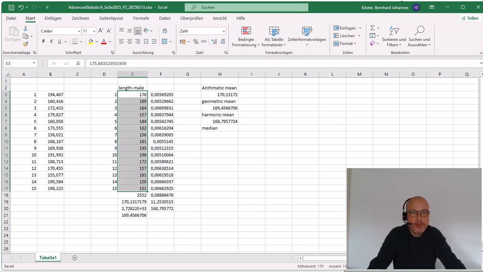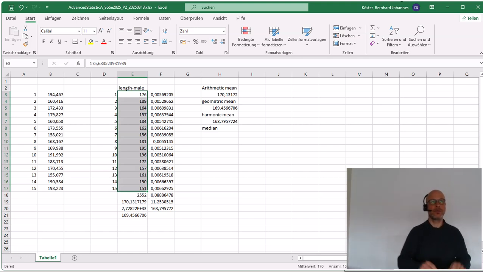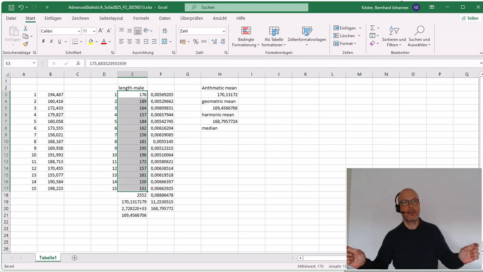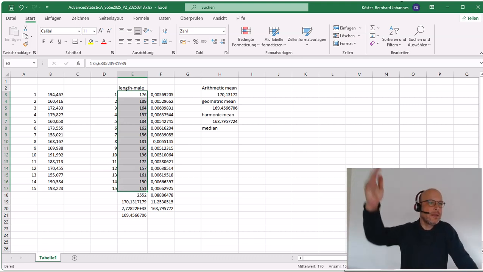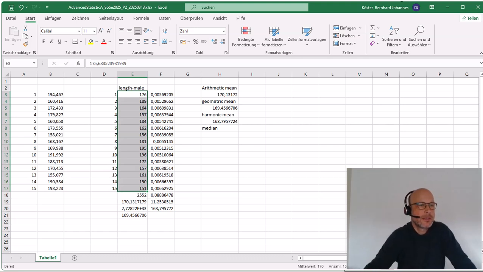Well, in order to be a little bit more exact, the median is the number or the data point which divides your distribution into equally large parts when you have ordered your data points.